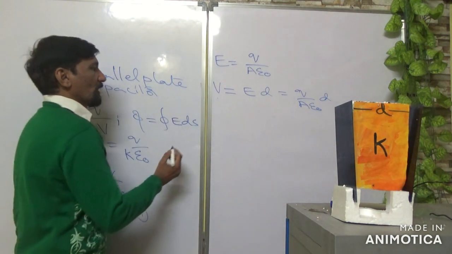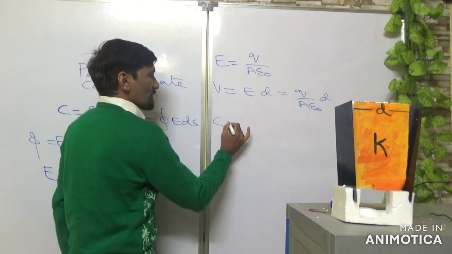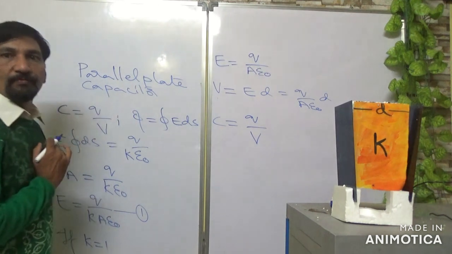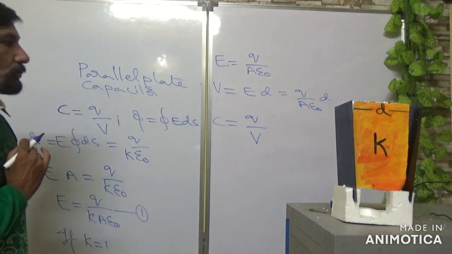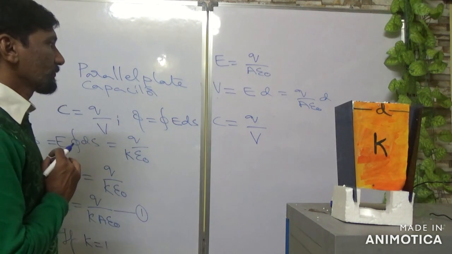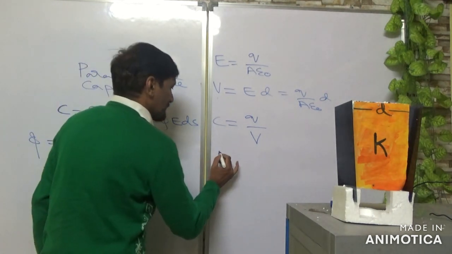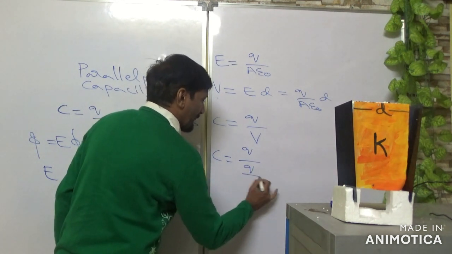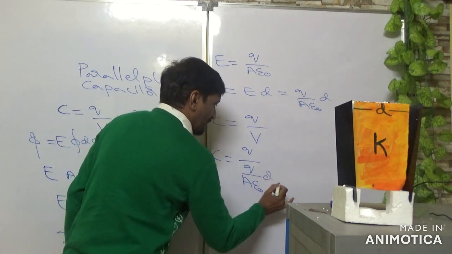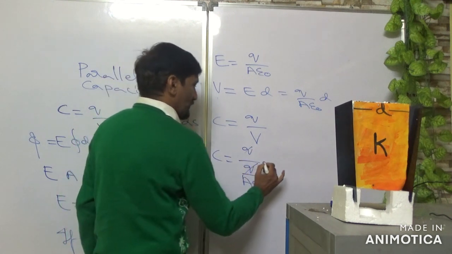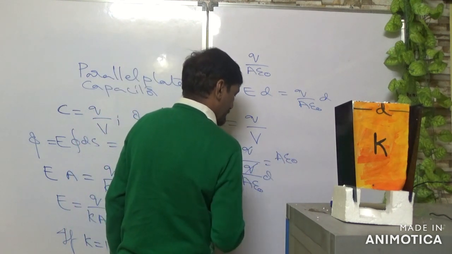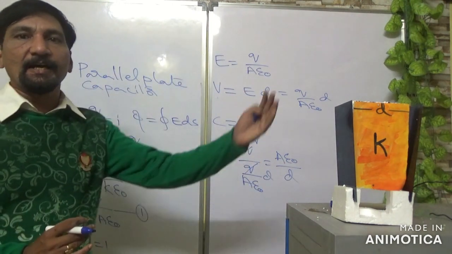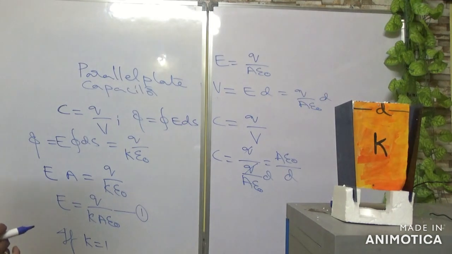So what is the general formula for C? C is equal to Q by V. Instead of V, I am writing Q by A epsilon naught D. So Q cancels, and you get A epsilon naught by D. That is when air is the dielectric between the plates.